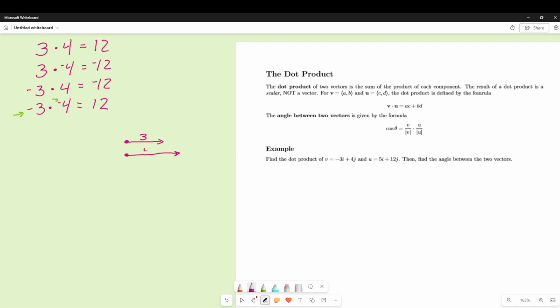I'm going to be real specific here: the magnitude of v is 3, and the magnitude of this other vector u is 4. So their dot product, v dotted with u, we'd like that dot product to equal 12. And the nice thing is, it will equal 12 as long as these 2 vectors are pointed in the same direction, like they are.